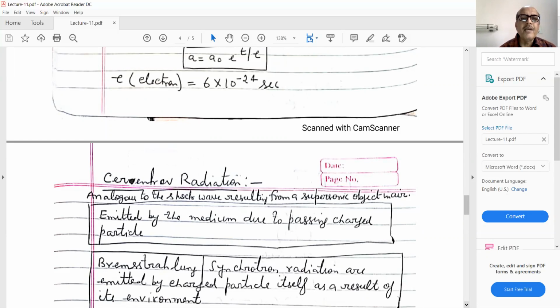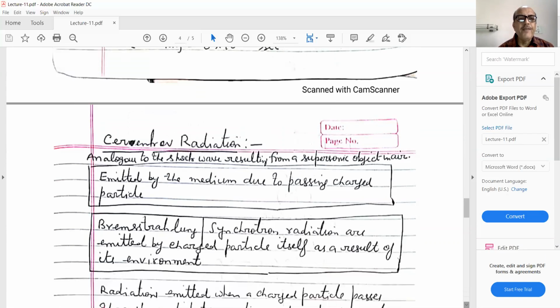So bremsstrahlung and synchrotron radiation are emitted by the charged particle itself, while Cherenkov radiations are emitted by the material medium under the passage of a high energy charged particle. So you have to visualize the difference between the two.